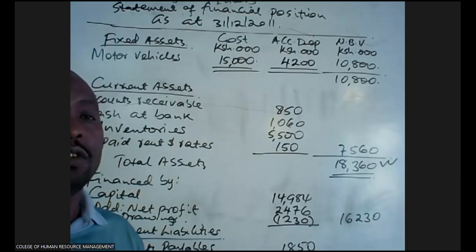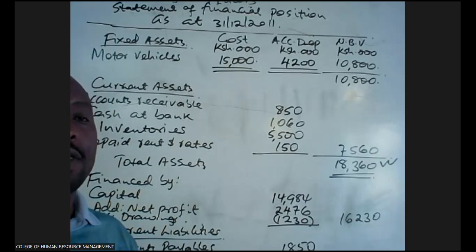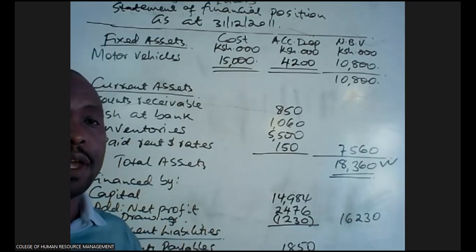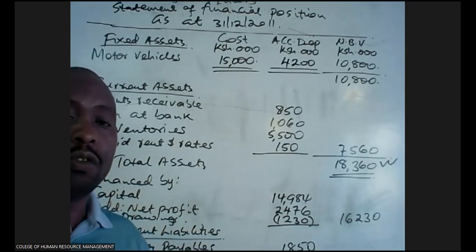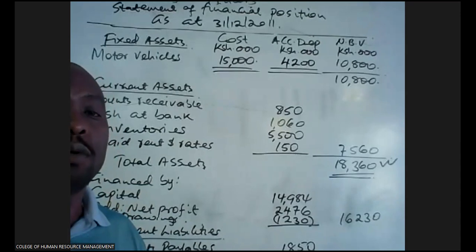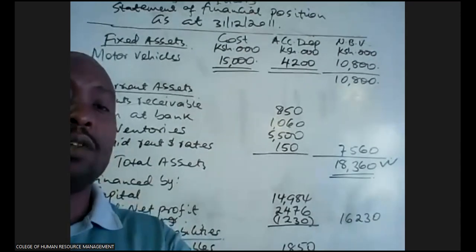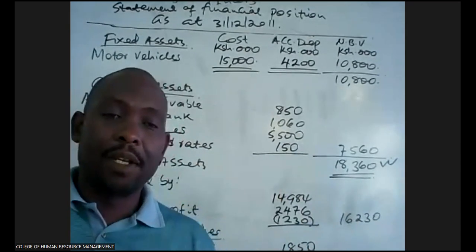Those organizations that are not profit-oriented, we need to know how they prepare their statements. Once we have covered that, we will be done with the financial statements. From there we can advance to probably the ratios, and then the financial management part.